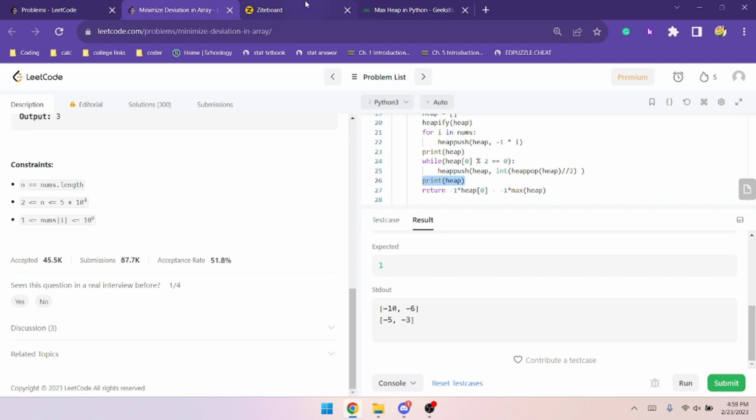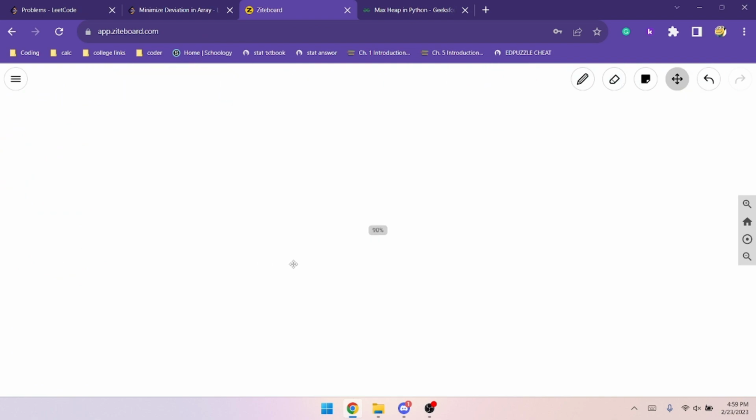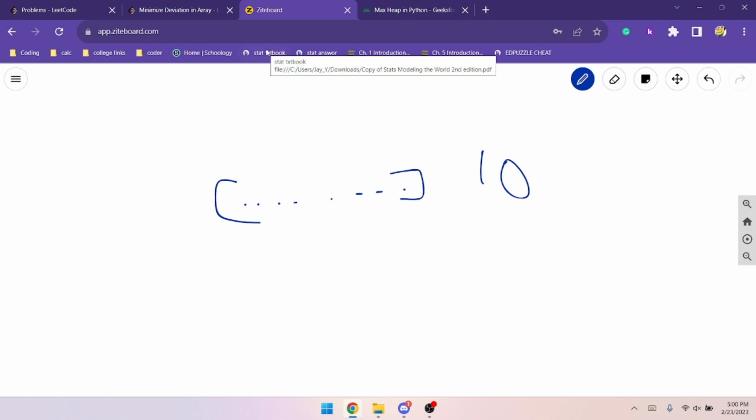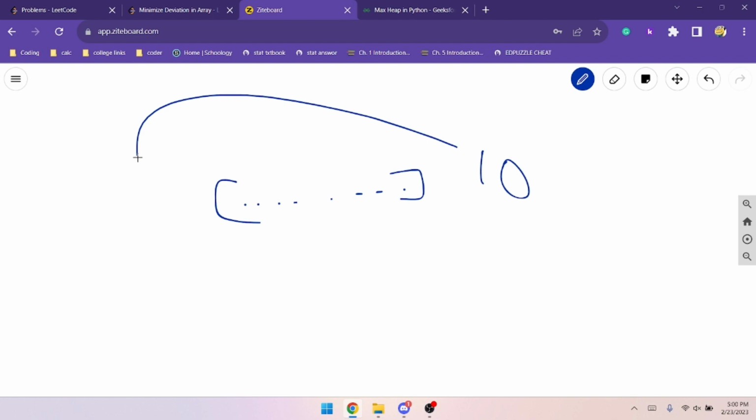Okay, let me think about it on the sideboard. So I have tons of values here, dot dot dot, tons of values, and I'm at a big number here and a big number here, and I divide by 2 and it moves it down to here. Let's say this number here was 6 and this number here was 7.